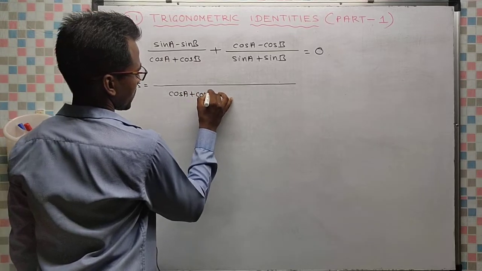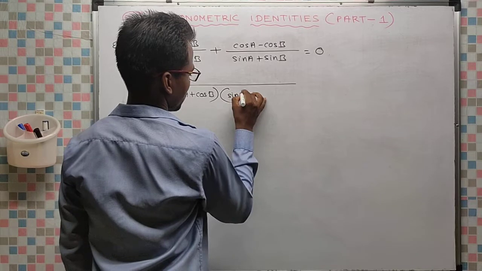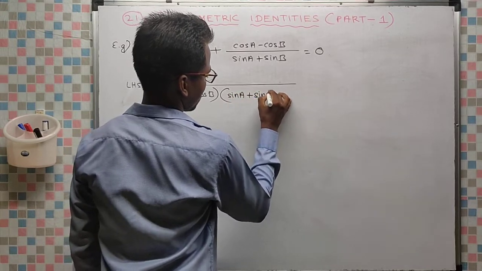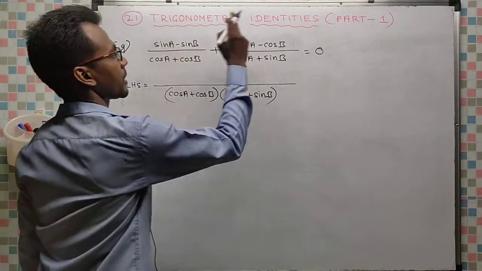Cos A plus cos B whole into sin A plus sin B. Now this will be multiplied with this and this will be multiplied with this.